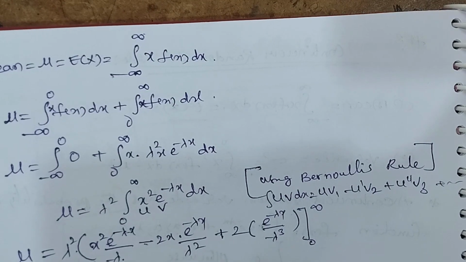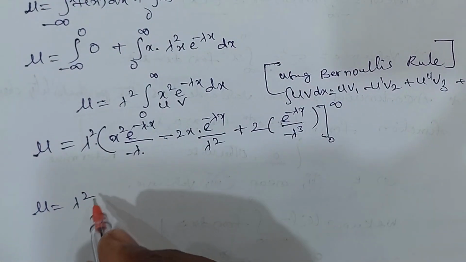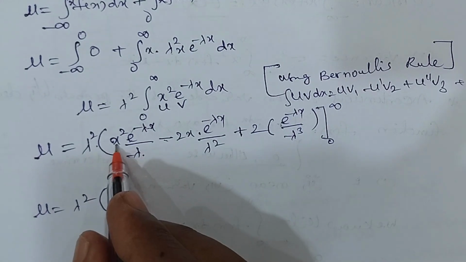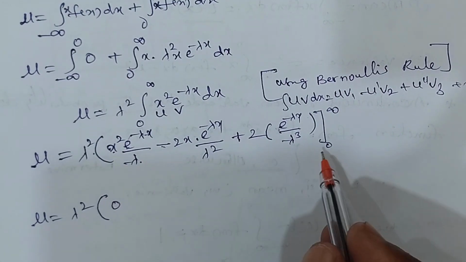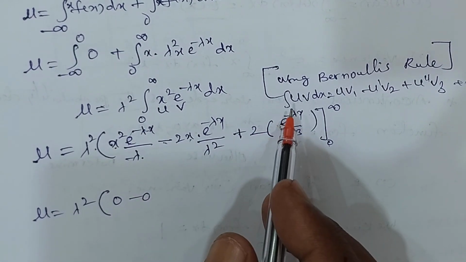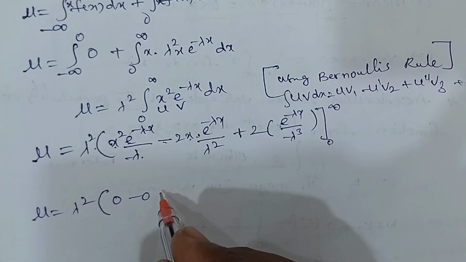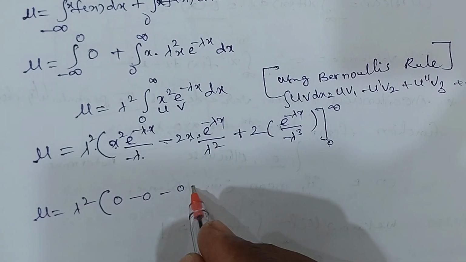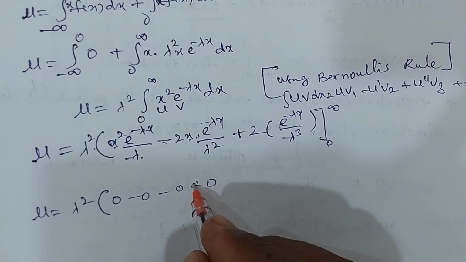So therefore mu is equal to lambda square into, so first infinity applies, that means 0. So here also the same, next here also the same, that means infinity gives 0, next 0.